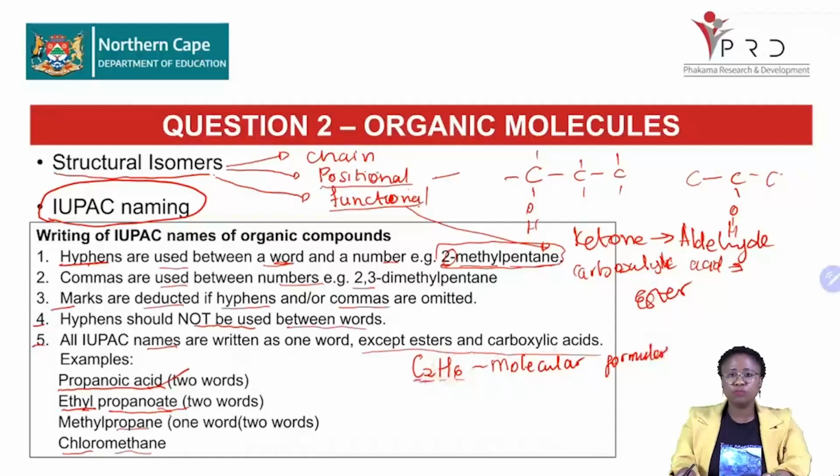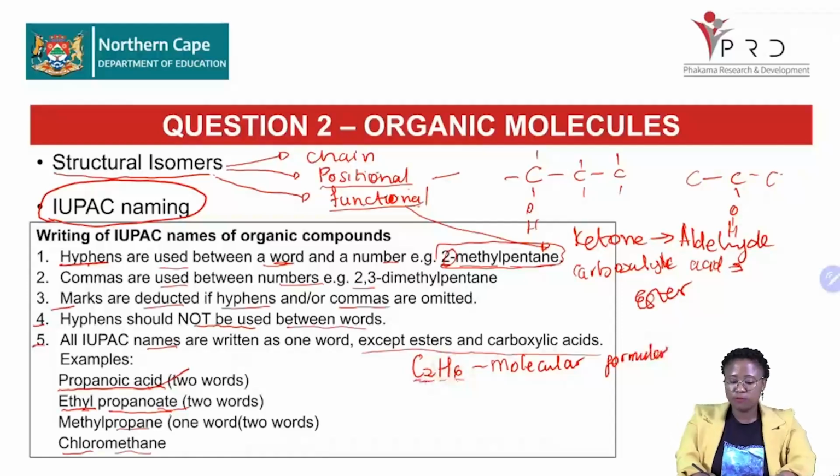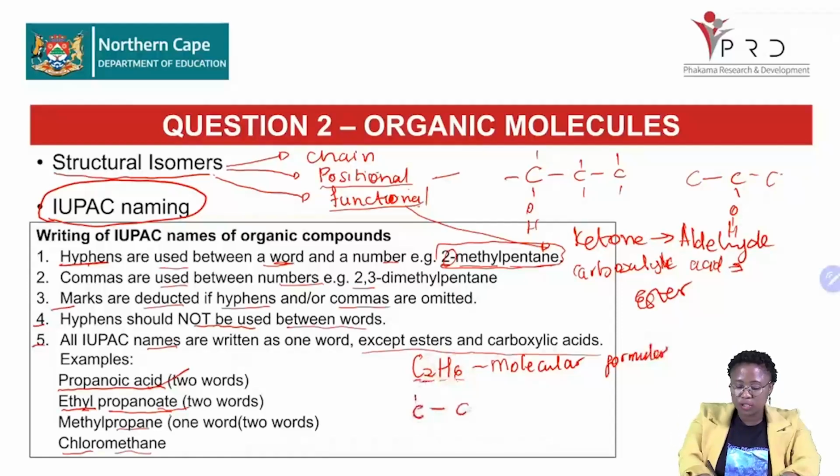The next one could be: write down the structural formula. The moment the examiner says structural formula, you know that you must give us a structure. So you must show us the bonds. Which atom is bonded to which?